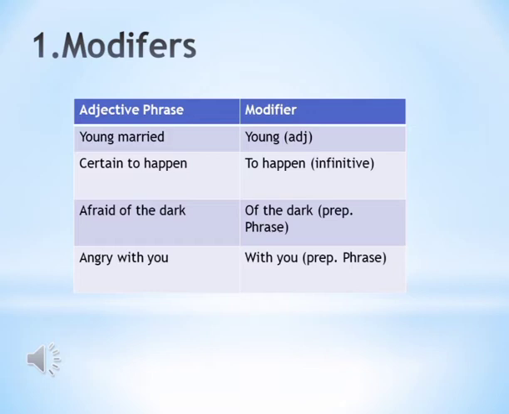For example, adjective phrase: young, married, modifier young, and adjective. Adjective phrase: certain to happen, modifier to happen, and infinitive.